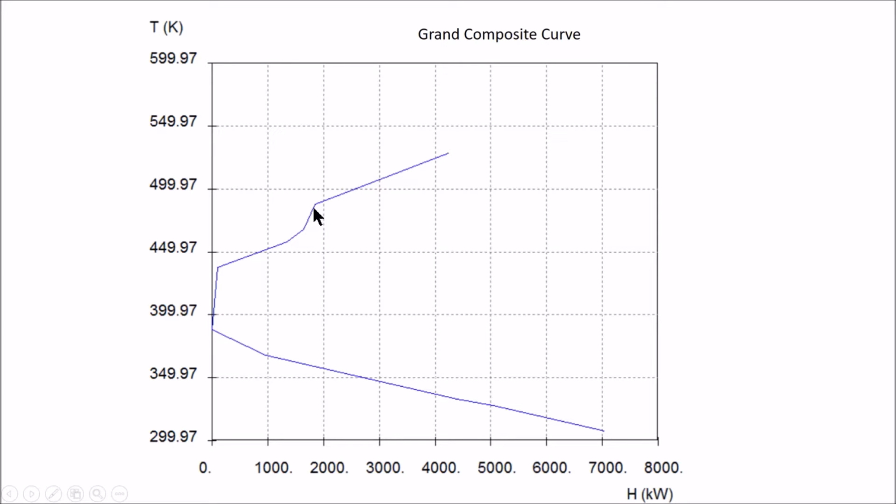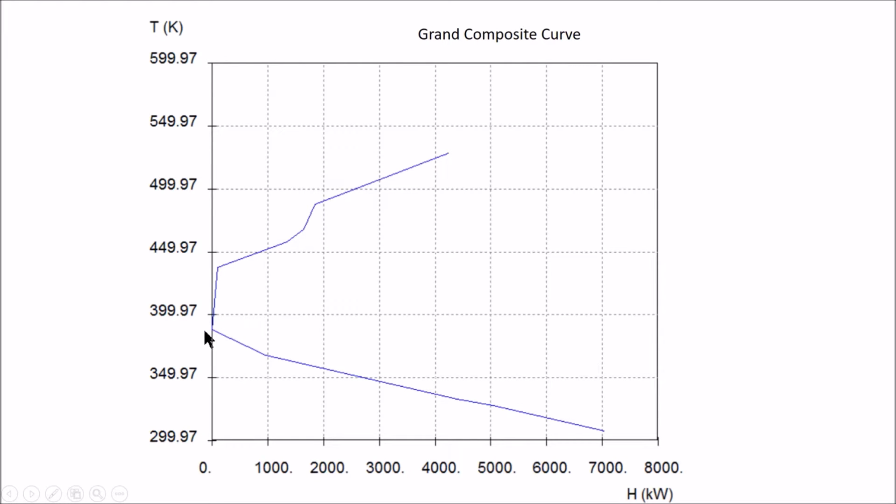The intervals are basically from the cascaded heating load, where you can see 4240, 1840, 1640, 1340, 100, and moving on to 0. And 0 indicates the pinch temperature.